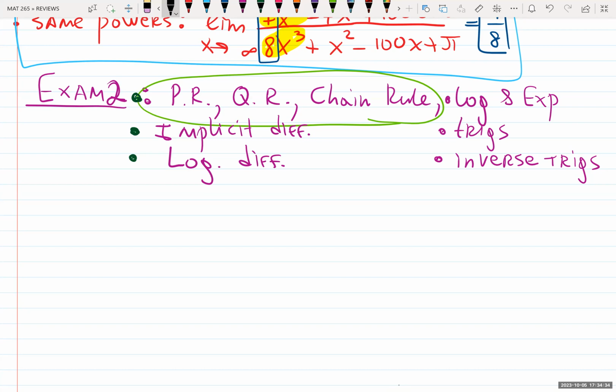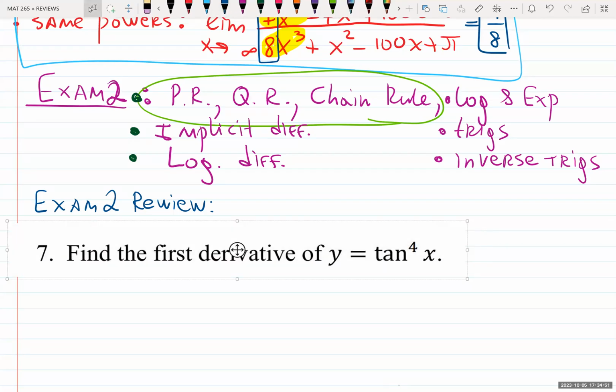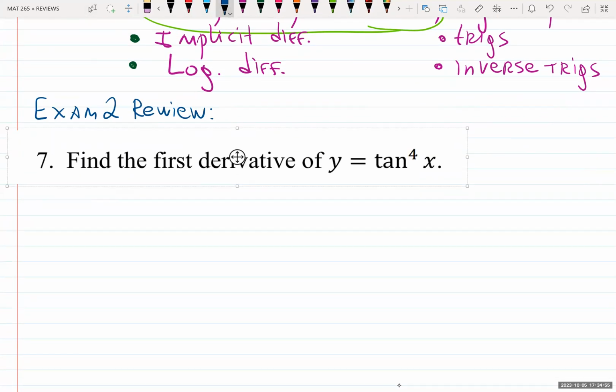So exam 2 review, I'm using that one, and I found this tangent to the 4. Exam 2 review, number 7, as you can see. Y prime equals. So what I see is that we have tangent x, and everything is to the 4.